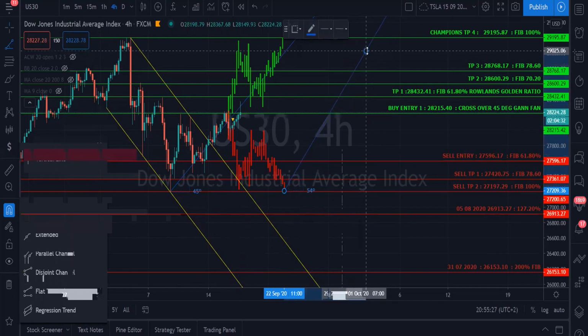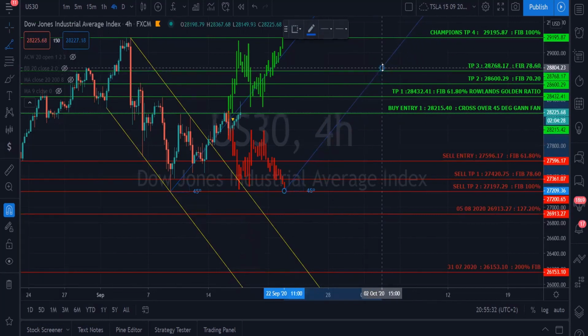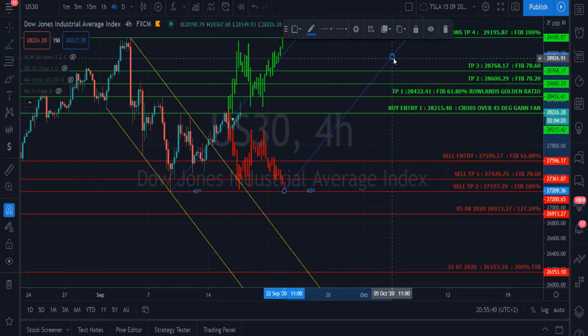Can you see the degrees? 45 degrees now there. Right. So generally, when we are doing a Gann fan, we've got to pull a 45-degree angle, which is a trend line. And when we pull a Gann fan, the Gann fan has to line up to that 45-degree angle in order for it to become effective.